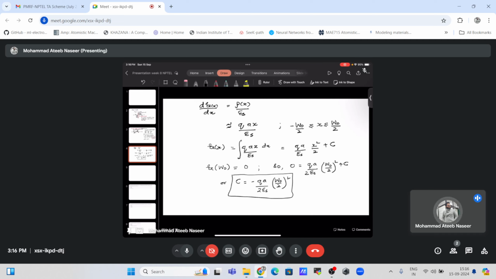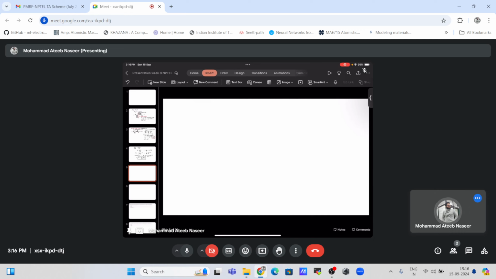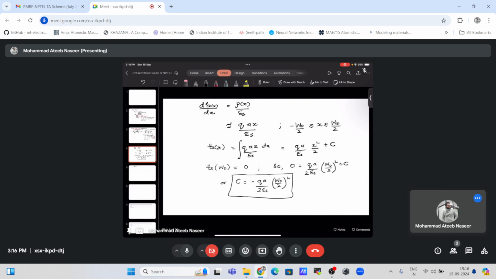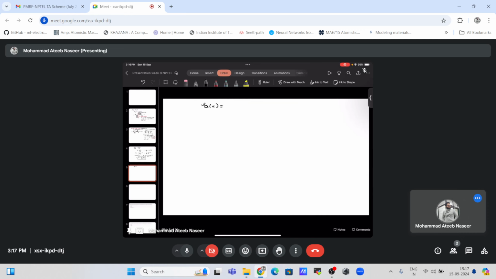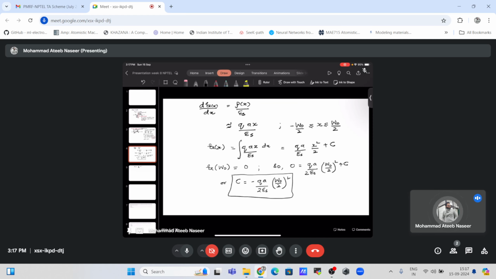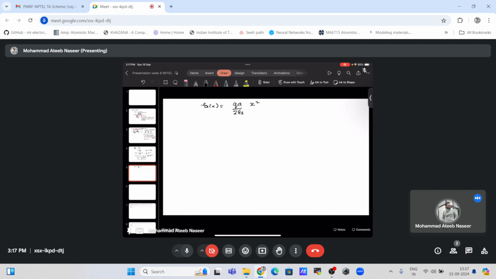And from this we can obtain the electric field, which will be E of x is simply q a by 2 epsilon s times x square plus c. C has the value of minus q a by 2 epsilon s times WD by 2 whole square.